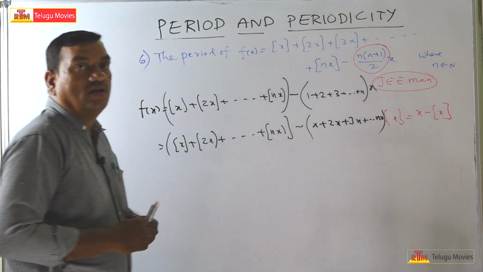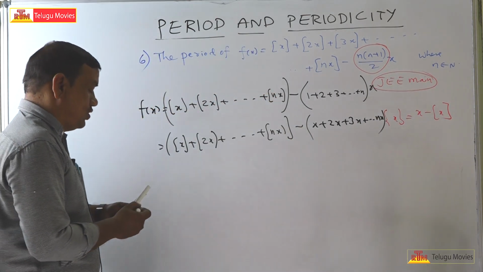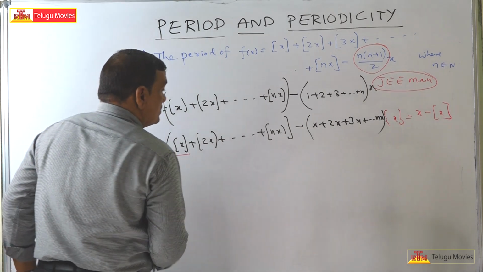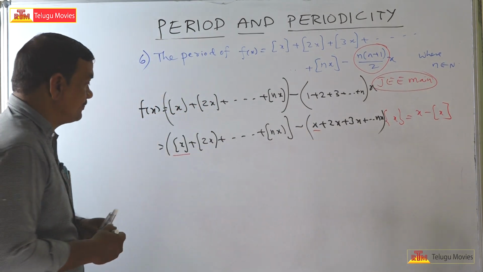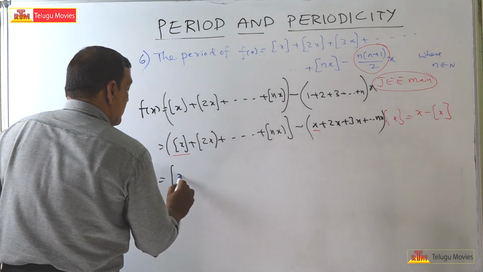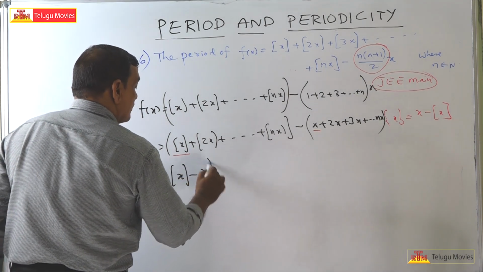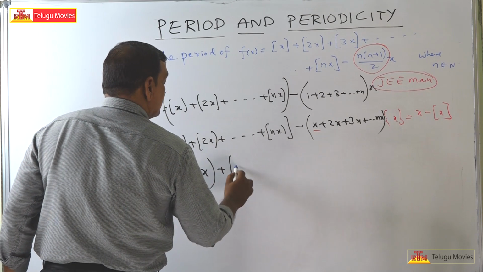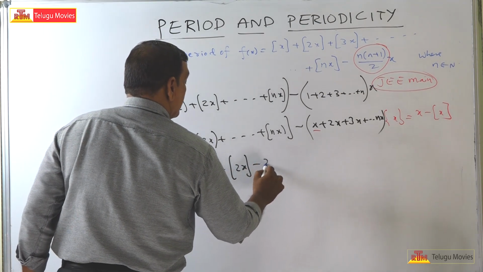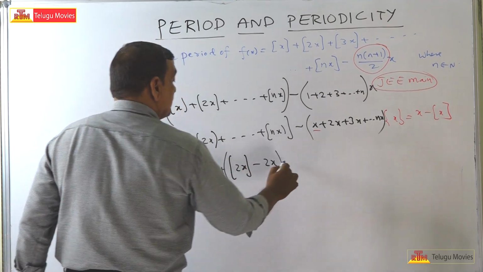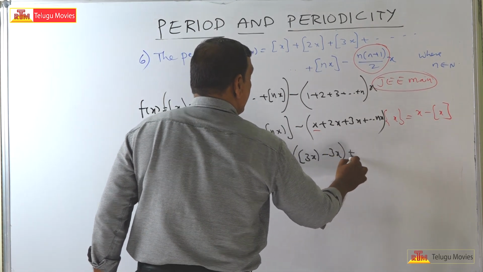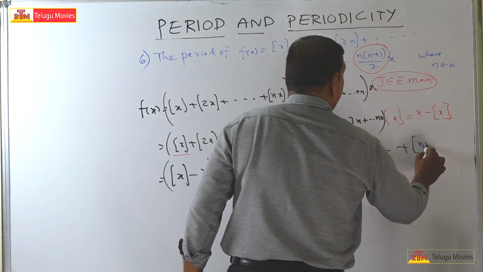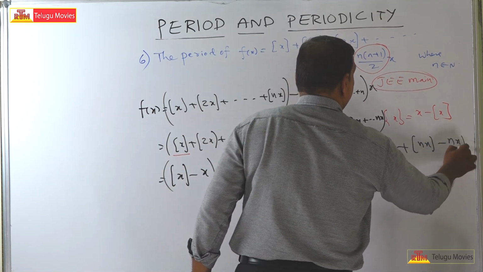Now combine these: step x minus x, one bracket, plus step of 2x minus 2x, one bracket, plus step of 3x minus 3x, so on, step of nx minus nx.